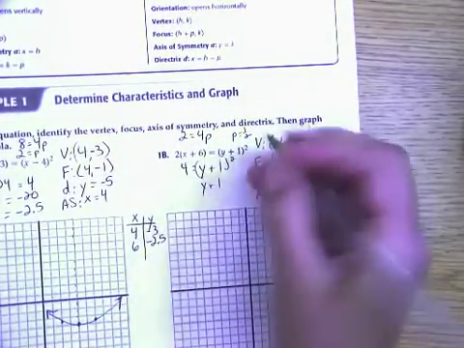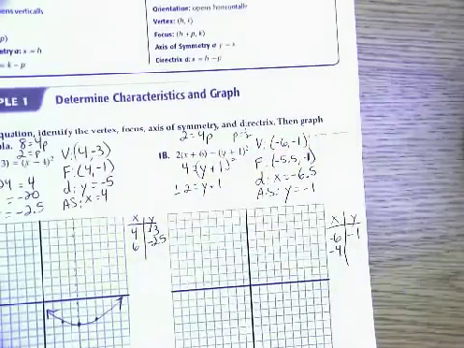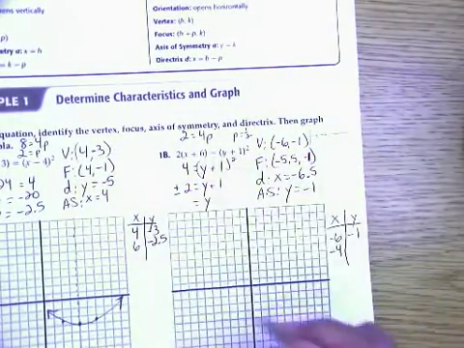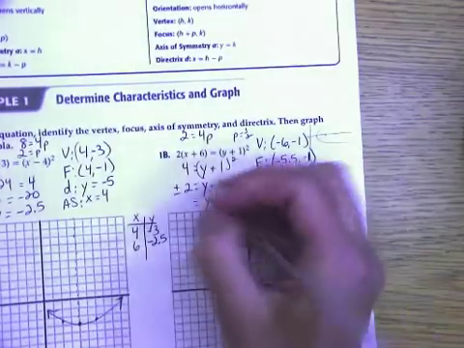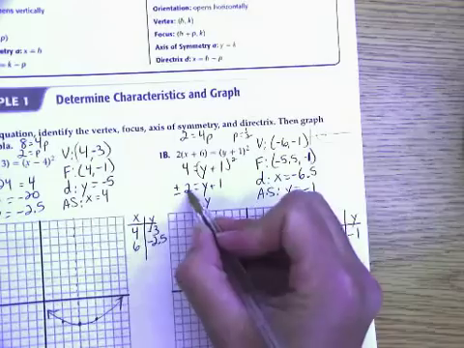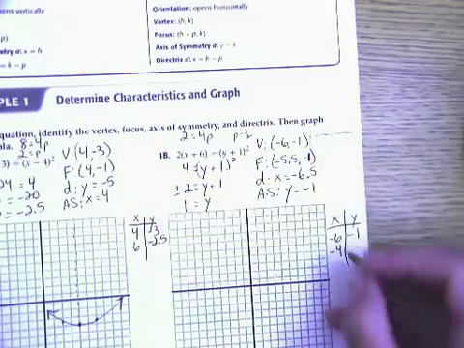So that means y plus 1 has to equal positive or -2. And that means y equals, if I have a positive 2, I subtract the 1, that means y equals 1.